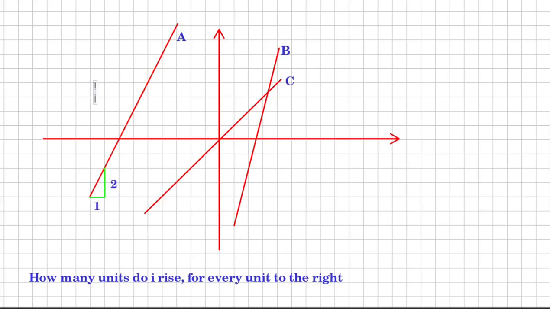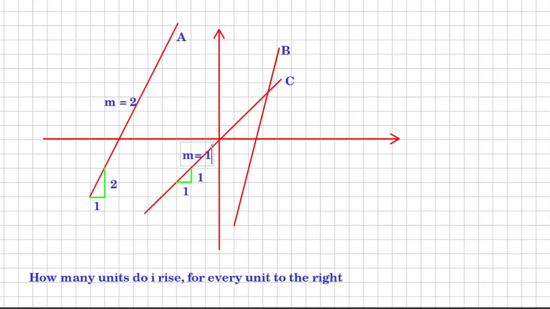So the gradient m is equal to 2 for this line. Now let's check this one. This is 1 unit to the right, and it's the same, 1 unit up. How many squares do I cover moving up for every square I move across? It's always 1 across, then I'm counting the number of squares going up. So for this one, it's 1. So the gradient of this line is 1.